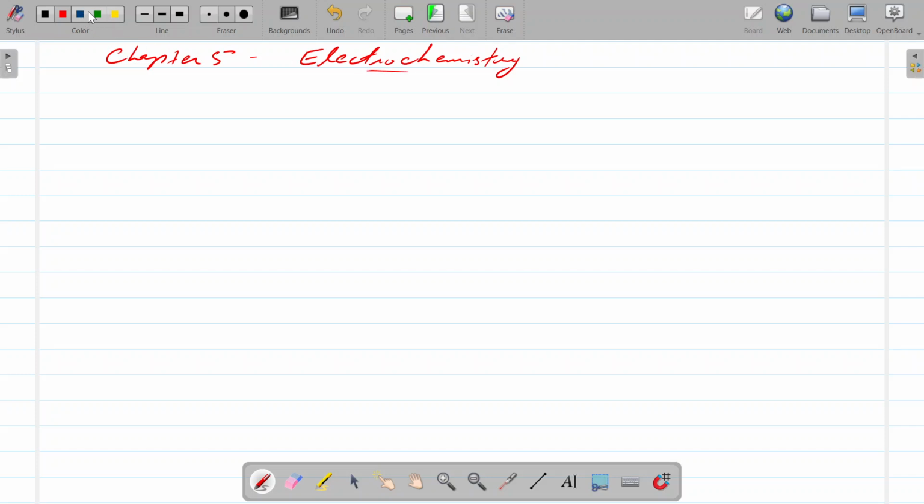Right, and so as the name suggests, we will be talking about how electricity is put to use in chemistry. And what we'll basically be talking about is a process called electrolysis.